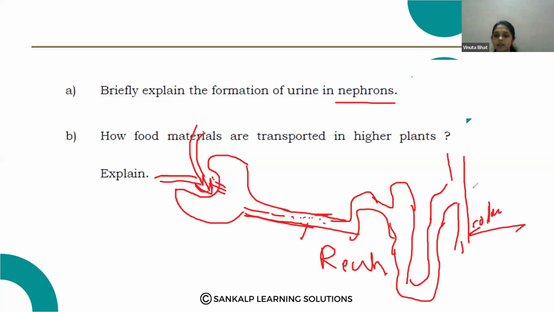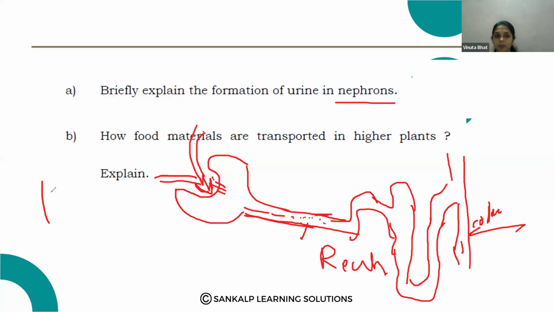The collecting ducts together open into the ureter, and the ureter carries the urine to the urinary bladder, where the storage of the urine takes place.